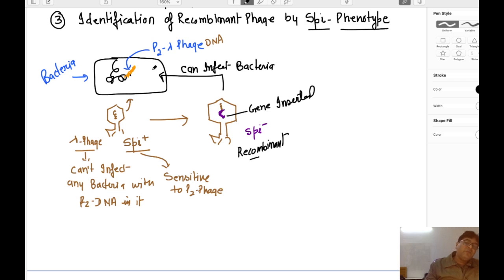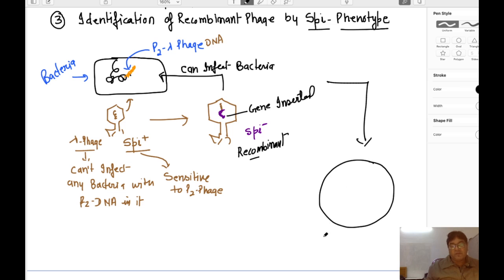Now, this phage can infect the bacteria, and as we have seen previously, when the recombinant phage infects the bacteria, the bacteria divide and form a colony. This phage also multiplies inside the bacteria and forms plaques. So, like before, we have got an agar culture plate.